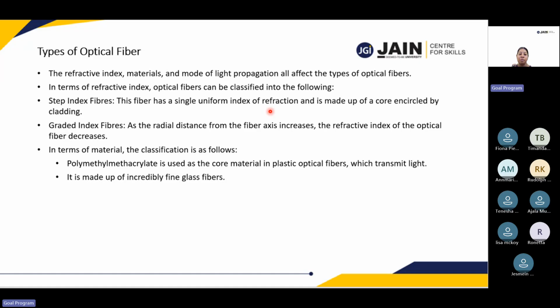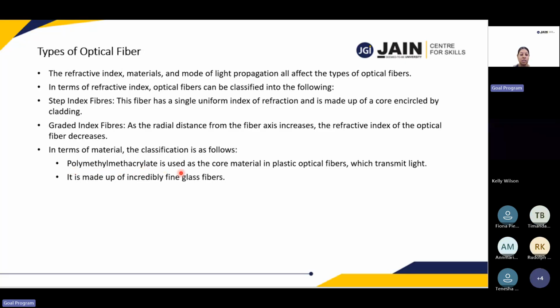In terms of material, we have seen the classification in terms of refractive index, and we will see in terms of material, the classification is as follows. One is polymethyl methacrylate. This is a material we are using as a core material, the basic material in the plastic optical fiber which transmits the light.